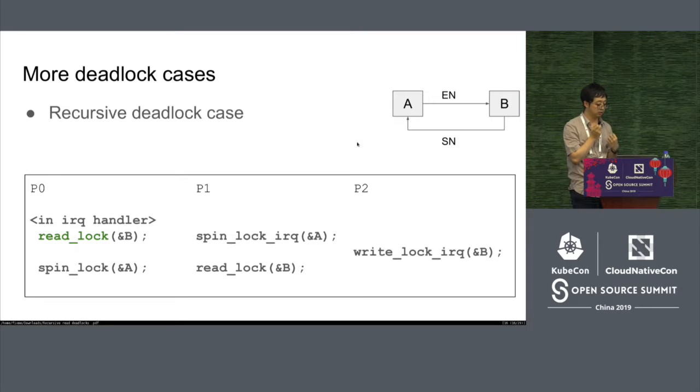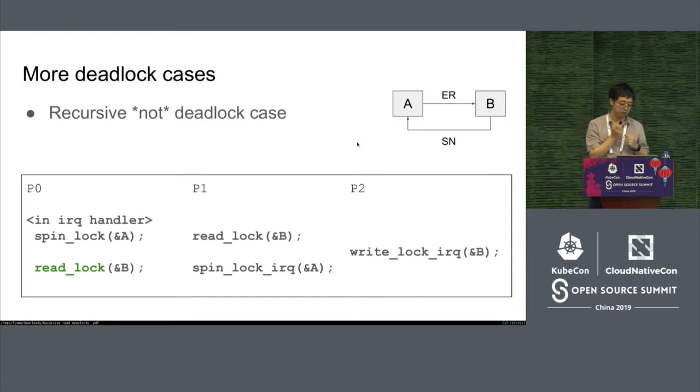If they have writers there, then the writers will first get the lock, and then the readers will get the lock. So the P1 read lock won't be able to get the lock. It's a ring struct. So later we're going to touch upon that.